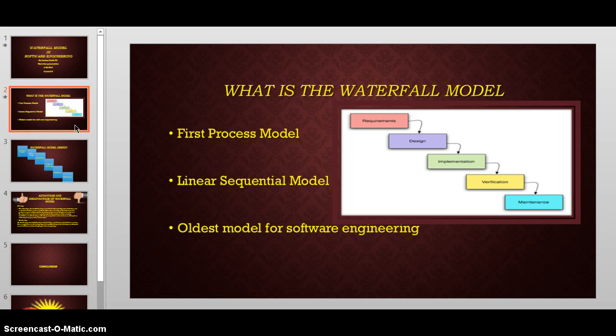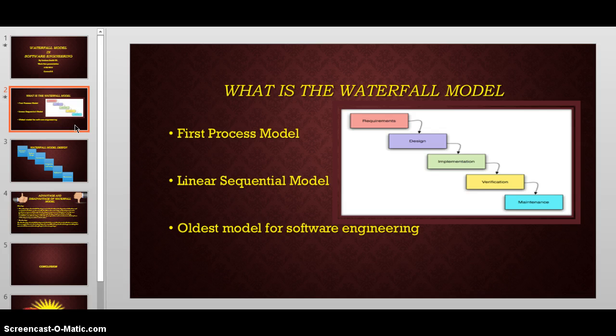In a waterfall model, each phase must be completed before the next phase can begin, and there is no overlapping in the phases. Waterfall is the earliest SDLC approach that was used for software development. The waterfall model illustrates the software development process in linear sequential flow. It is also referred to as a linear sequential life cycle model.